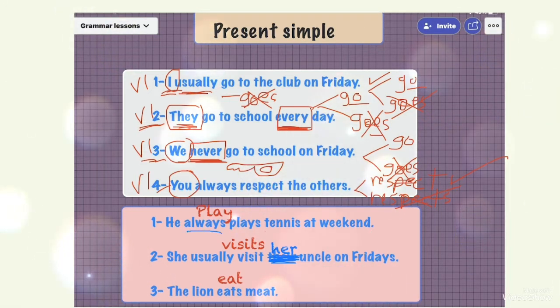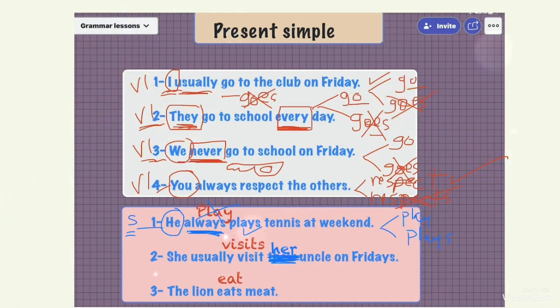The key word is always. So here I have to choose either play or plays. So I have he. So he takes S. So here I will choose plays. I will never choose play.